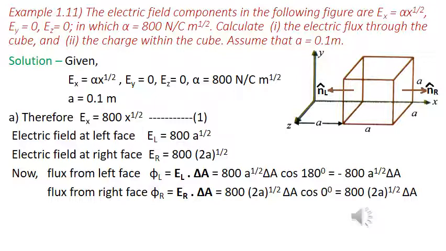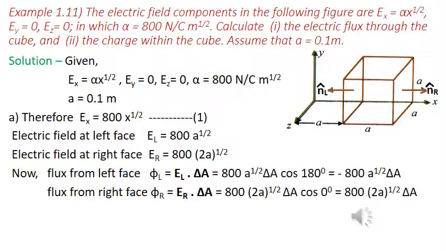So in the first part we can write the electric field at left face EL is equal to 800 a to the power half by using the formula which is given in the question, Ex is equal to alpha x to the power half.